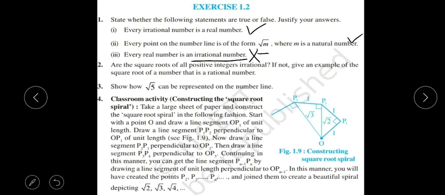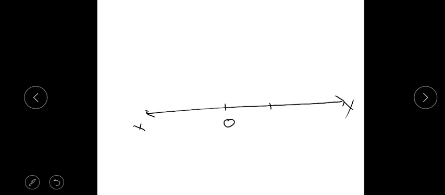The third question is, represent root 5 on the number line. So how are we going to do that? We will draw a number line, say XY. Mark a point O and A as 1 unit.